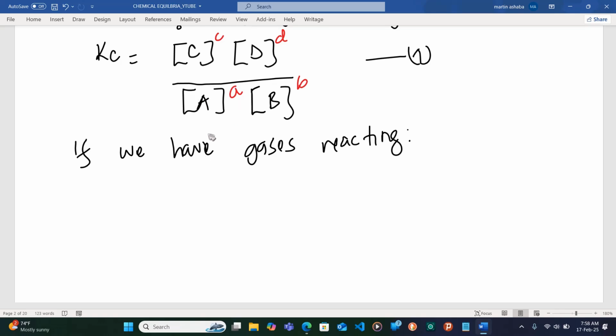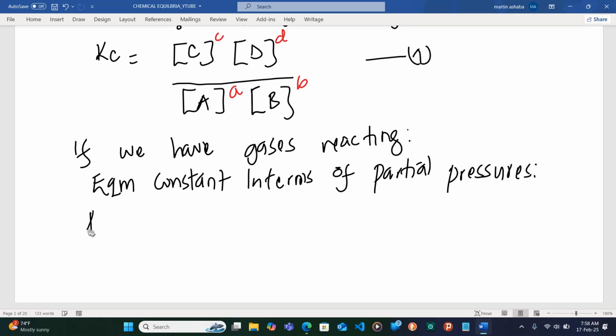We can express gases in terms of concentration and partial pressures, but what is easier to deal with are the partial pressures of each gas. Therefore, we will have the equilibrium constant in terms of partial pressures. So Kp is going to be the partial pressure of products divided by the partial pressure of reactants.